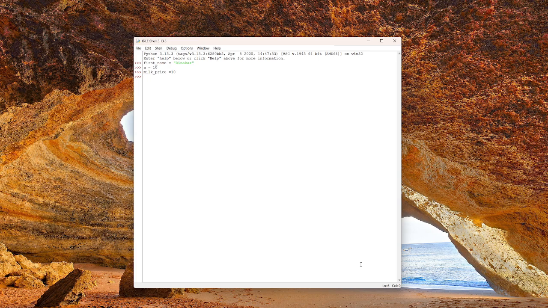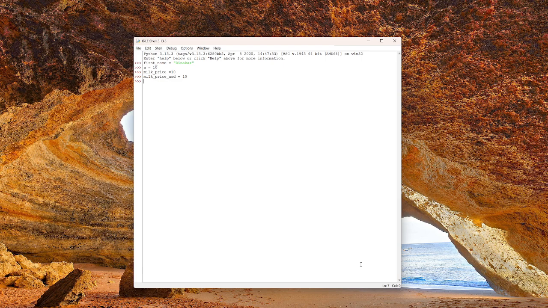But does it give you the idea of which currency I'm talking in? Am I talking in rupees or dollars? No, right? Let me say milk price underscore USD, to represent US dollar, and if I give 10, now it gives you that information.